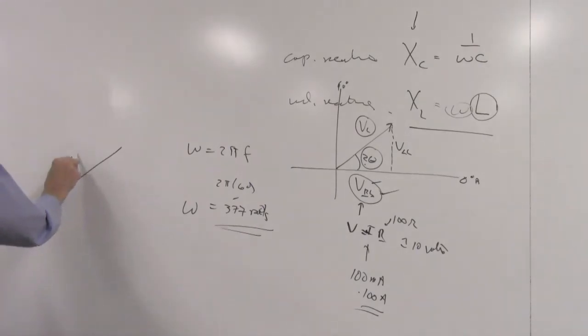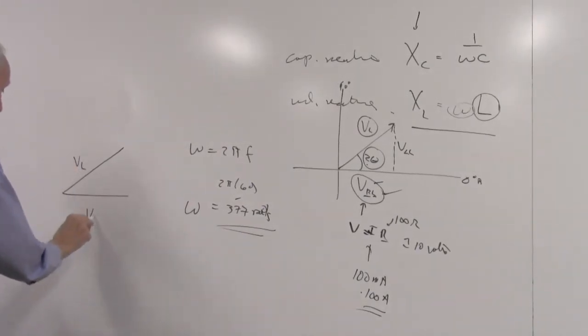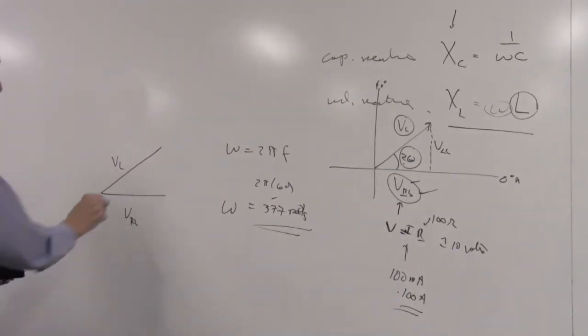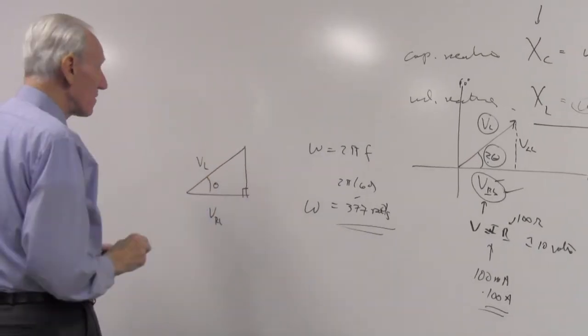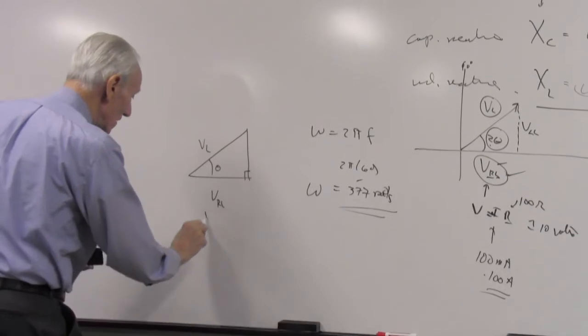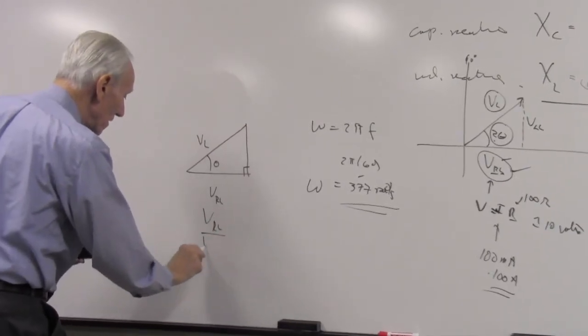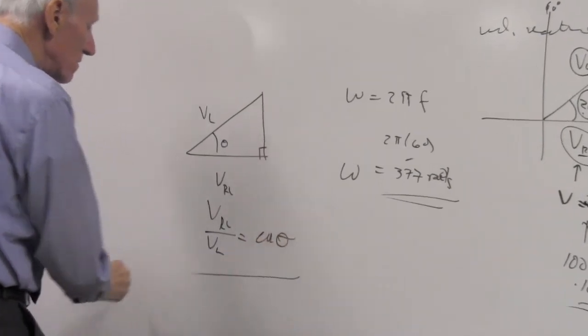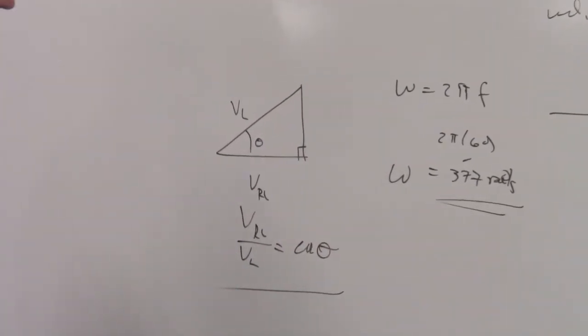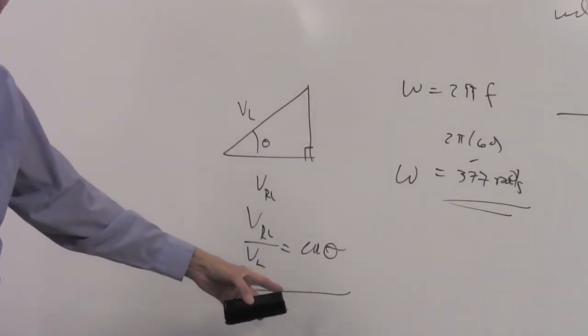So if we know the voltage across the inductor and we can calculate the voltage across the resistance part of the inductor, we've got it made because that's a right triangle, and V sub RL over V sub L is equal to the cosine of that angle. So that's how we get that angle in part B.